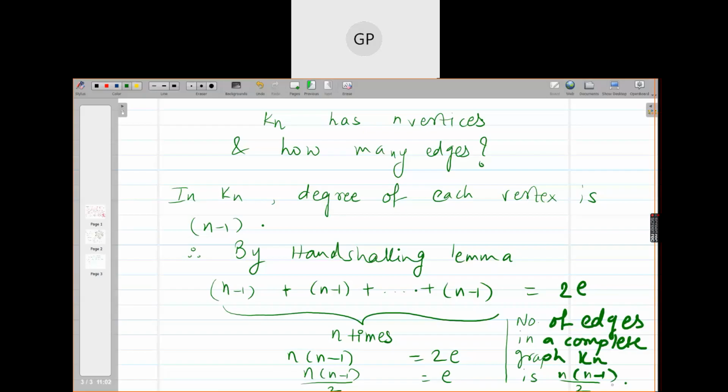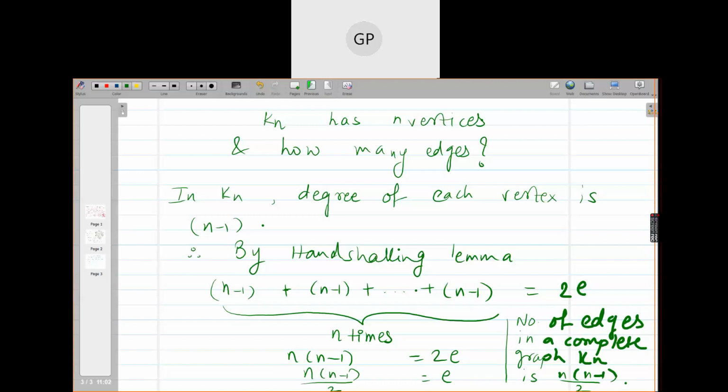Please write it down quickly. So this is a consequence of the definition of the complete graph, and we are using the handshaking lemma. Finished writing? And is everyone writing it?